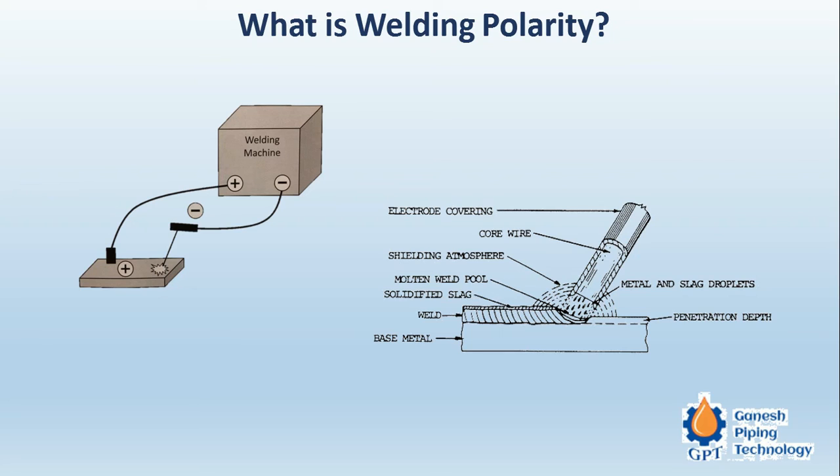So basically we have to understand what polarity is. Normally, in case of welding, there are two different methods. One is called welding, which is used for joining the metal, and the other one is called gouging, which is used for separating the two metals.